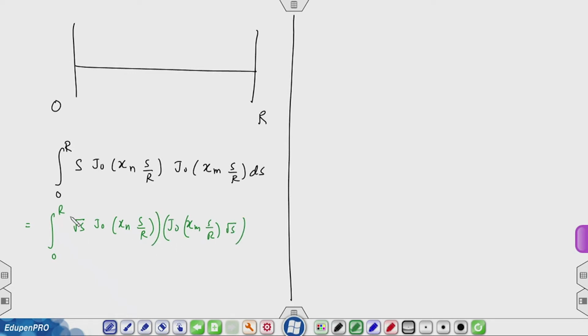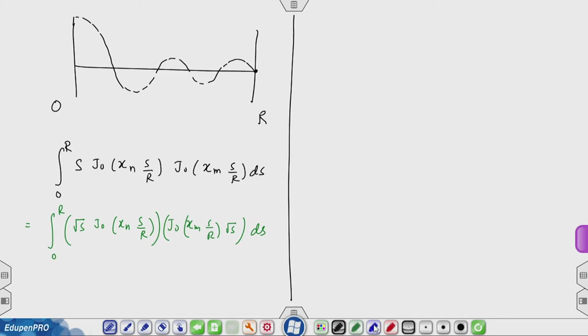So, these are two functions. I am going to plot with black color J0. So, J0 is looking like this, and remember 0 is falling at R.